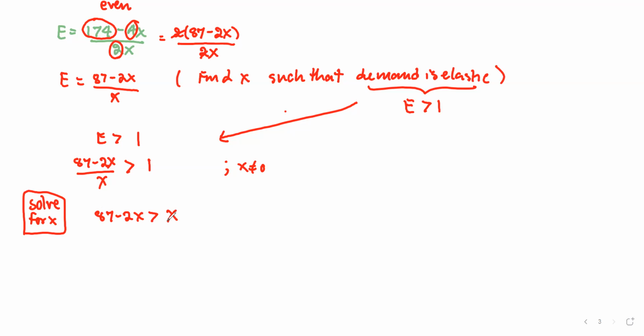Collect the terms involving x: add 2x to both sides to get 87 greater than 3x. Next, divide both sides by 3. We have x less than 87 divided by 3, which is 29. So that's what we are looking for. The production level has to be less than 29 to make the demand elastic.